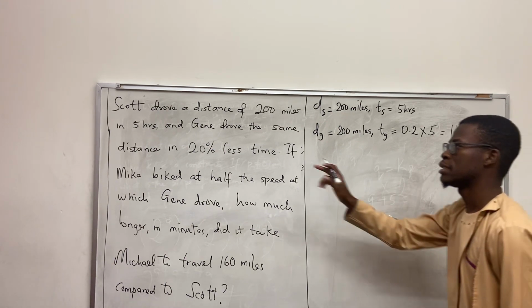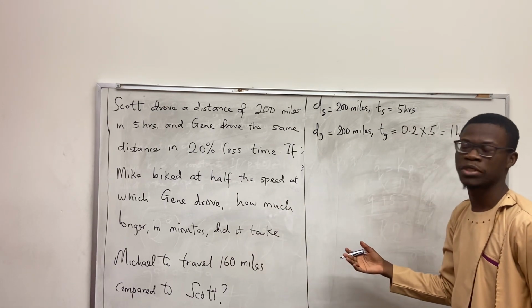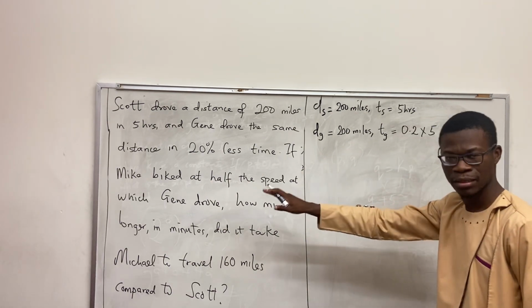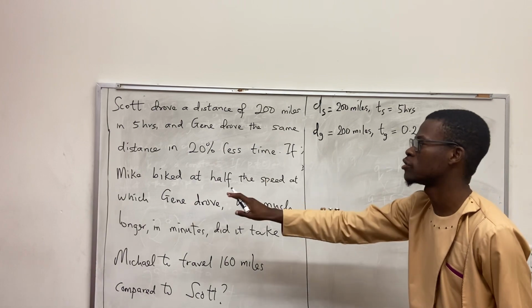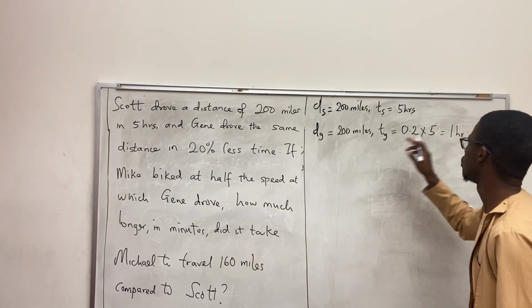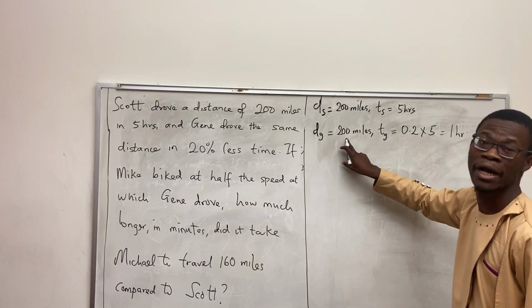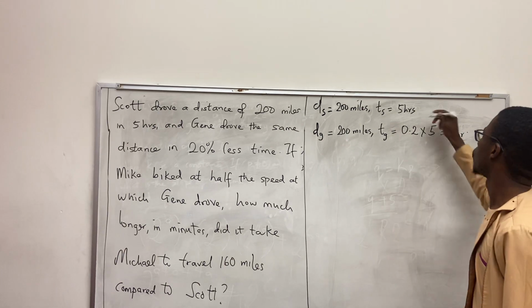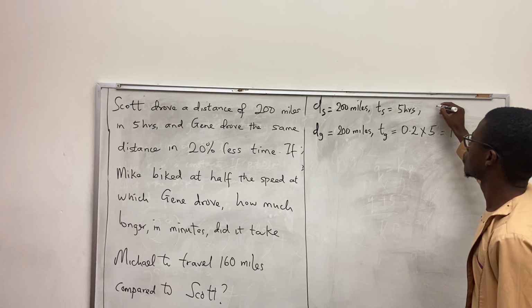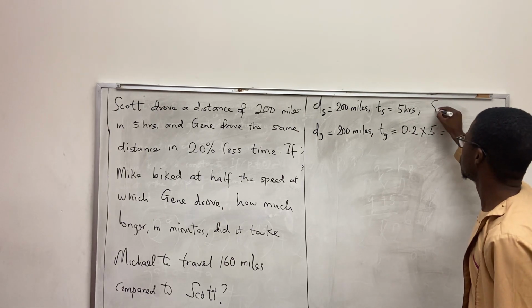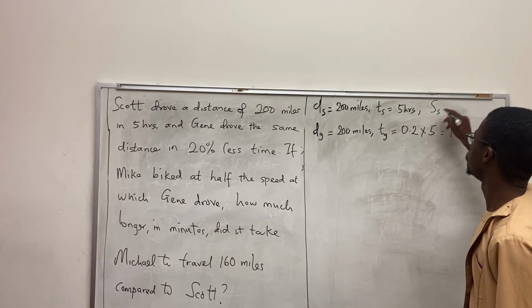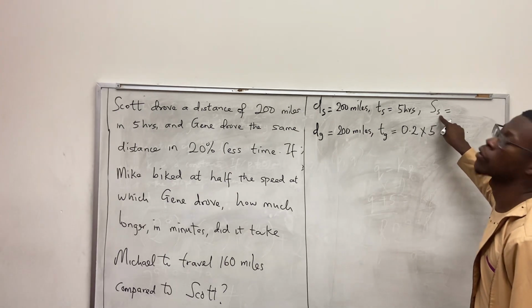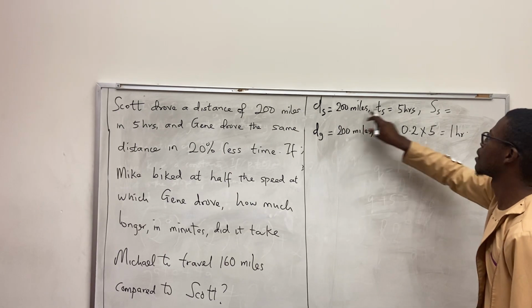Okay. Then there's another person in the picture, Mike. If Mike biked at half the speed at which Jean drove, remember, 200 miles in an hour, what is the speed here? So let's do speed of Scott, big S. Speed is distance divided by time.